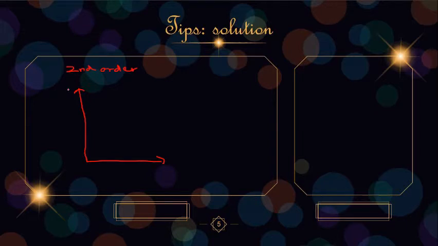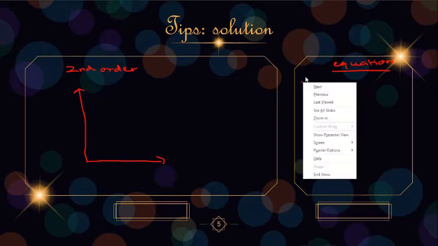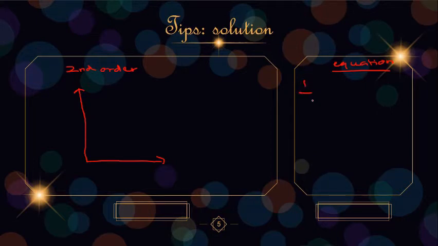Alright, so you know that from the integrated rate equation, you can see for the second order, 1 over concentration of A at a certain time minus 1 over concentration A naught equals to kt. So you need to draft y equals to mx plus c.